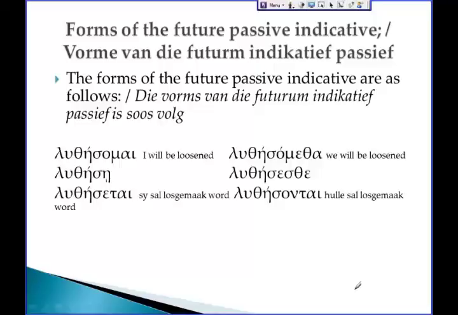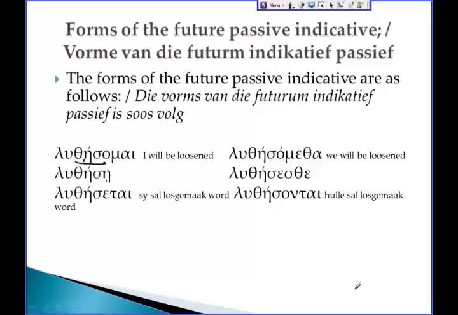But then, so we build this from the present passive or present middle passive, luomai, but then you come and put your the, which is the suffix, and the sigma ending of the future. Then you have the future passive. I will be loosened. Okay?